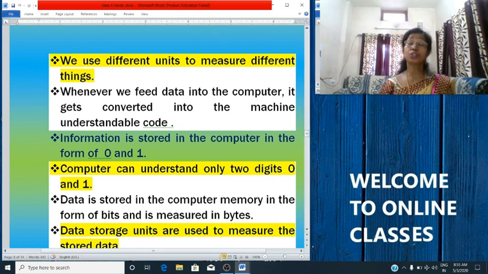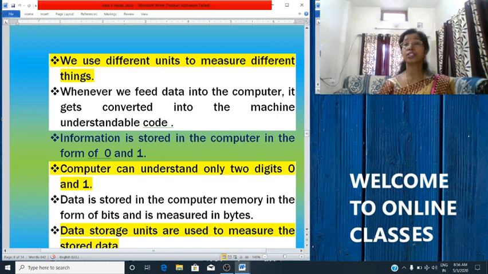If you go to buy clothes to stitch a shirt for you, you may buy 2 meters of clothes or 1 meter 40 centimeters. So, length is measured in centimeter, meter and kilometer. Same way, a computer stores information in the form of bits and bytes, and that can be measured in units.